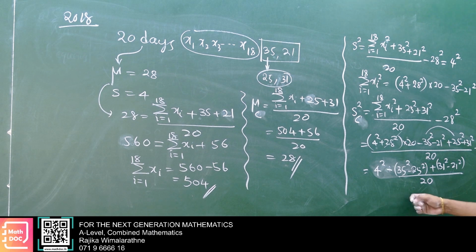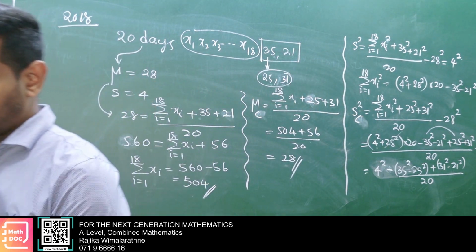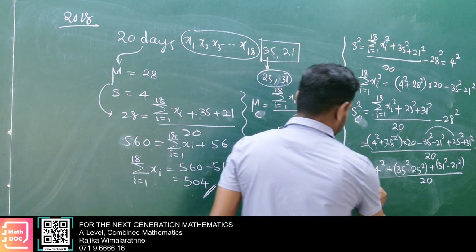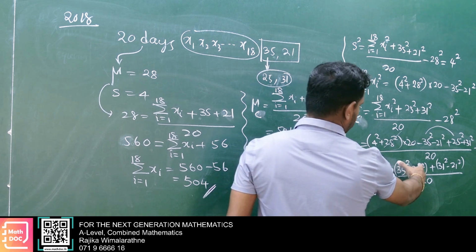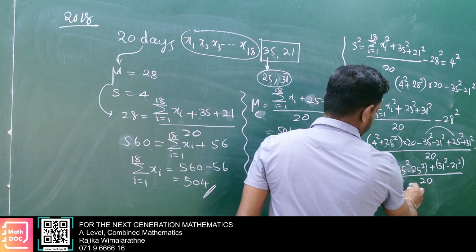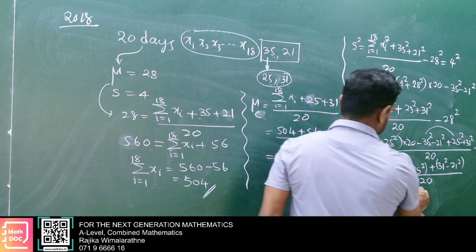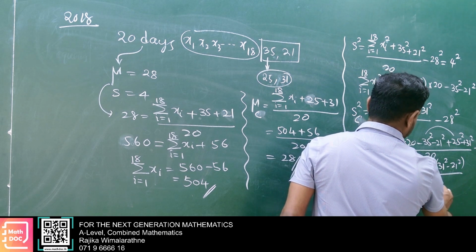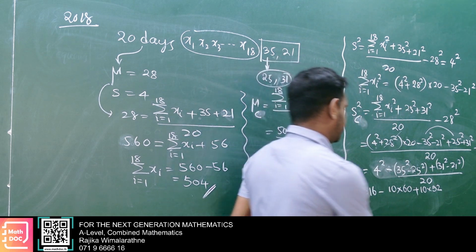Further you can simplify and get the value: 16 plus 10 times 760 plus 10 times 52 over 20.